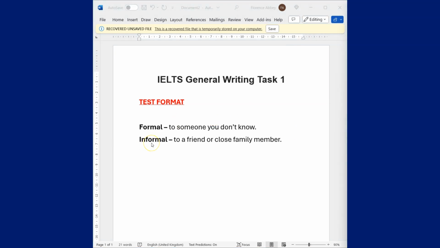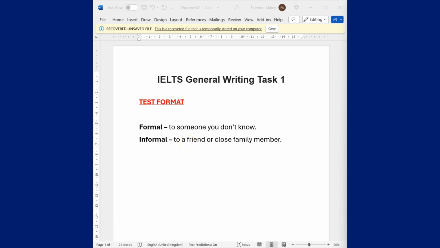But when it comes to a person that you know, it might be a friend or a close relative. Take note of that. If you are writing to a friend or a close relative, then we expect that you write in an informal manner.